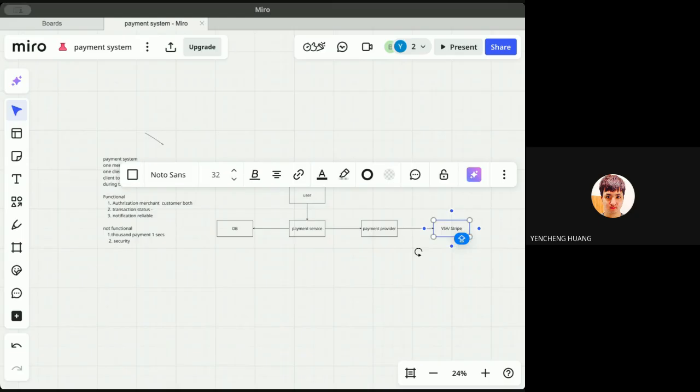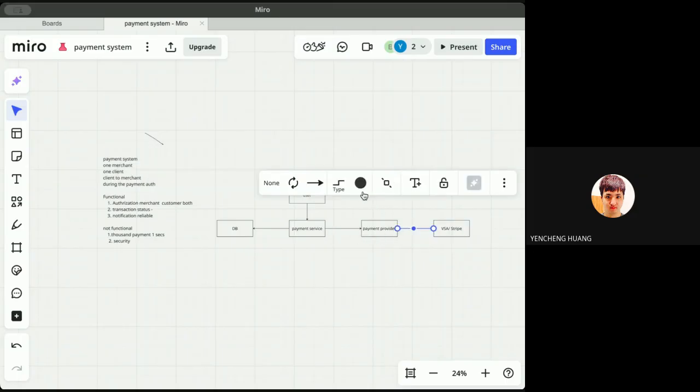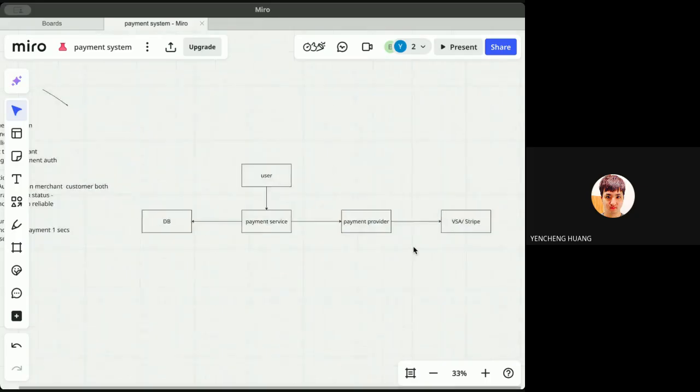And after that, we get the response from the payment providers. My arrow may not be correct. How do I draw this? The response goes back from the providers to the payment service, and the results are stored in my internal service. Stripe and Visa are the outer services.